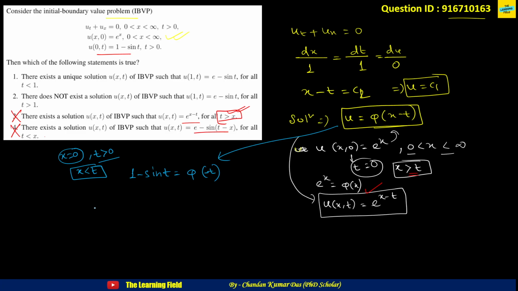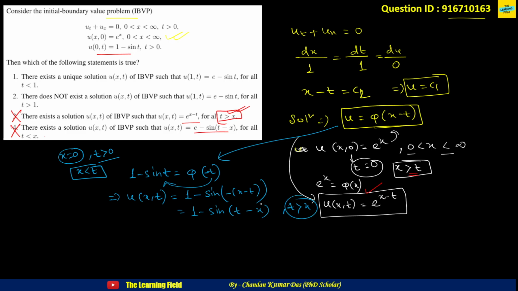Therefore, the value of u(x,t) will be 1 minus sine of, for minus t it will be t, so we write minus of (x - t). So this is 1 - sin(t - x), and this holds because t is greater than x.